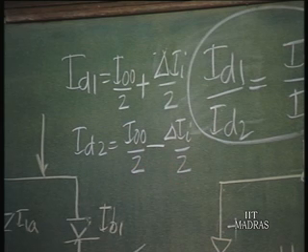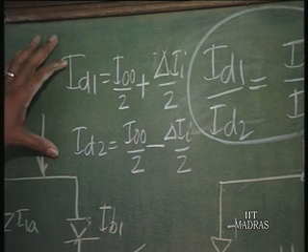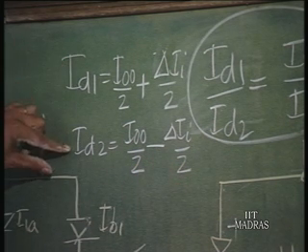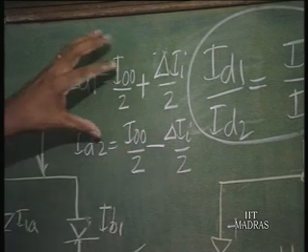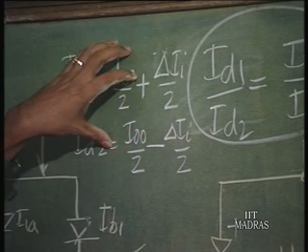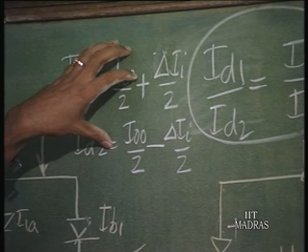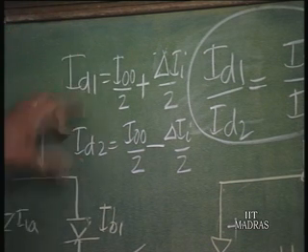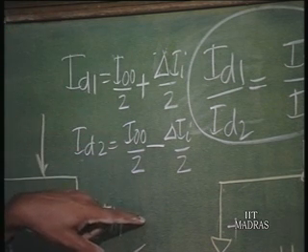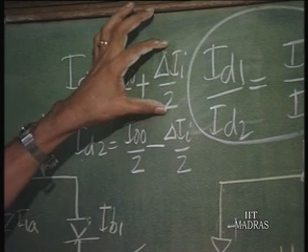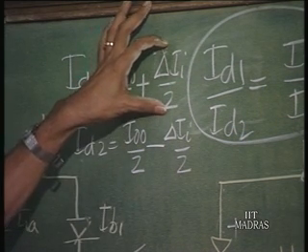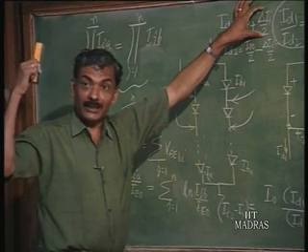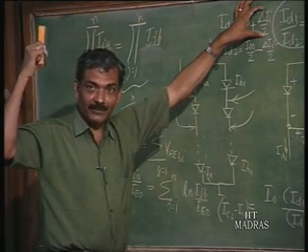You can see here I D 1 plus I D 2 will have this getting cancelled, so it will be simply I naught naught DC current. I D 1 minus I D 2 will have this getting cancelled and it will be simply delta I. This is how we had represented common mode voltage and differential mode voltage in difference amplifiers.